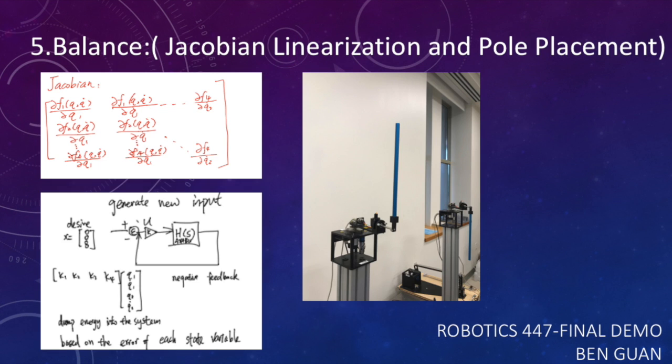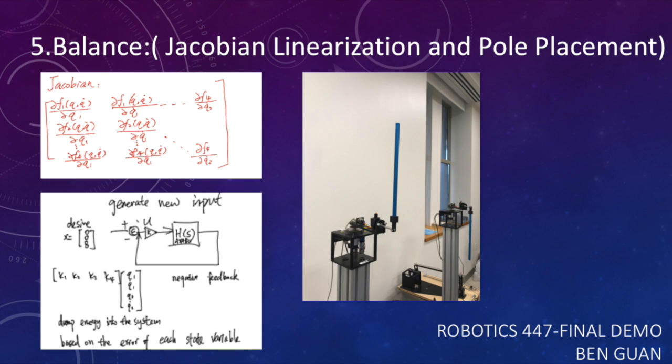The second component is the balance control. We wrote a MATLAB function that calculates the Jacobian of the system, and as you can see, the Jacobian linearization is that we express x dot in terms of x and the input.